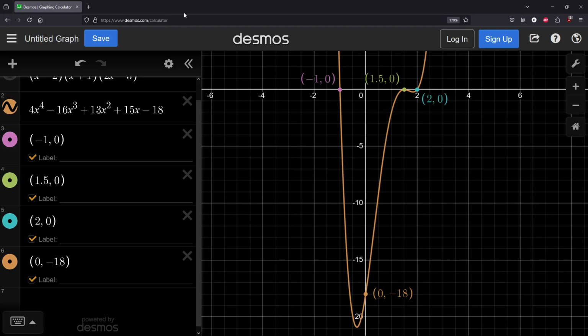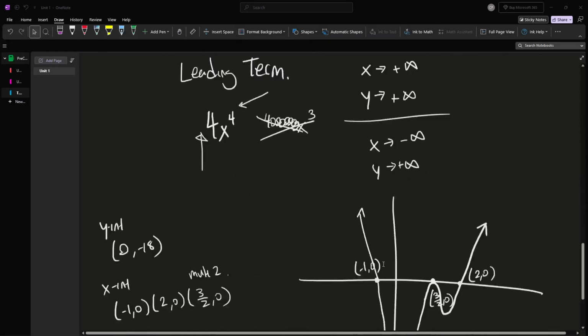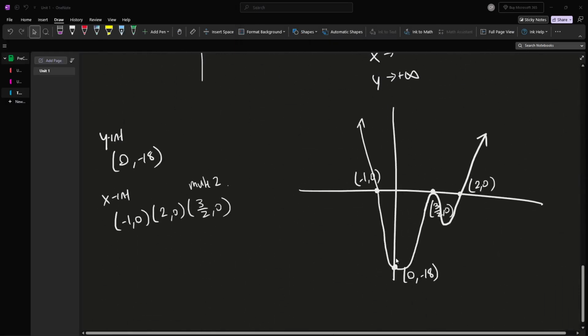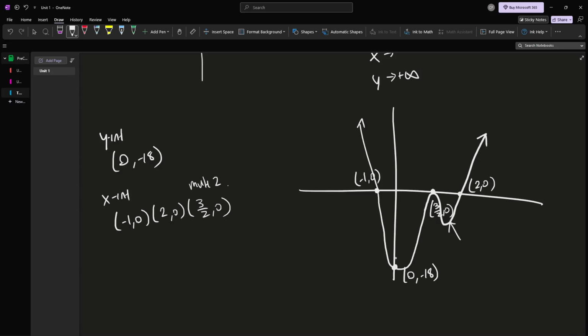One more thing you can do if you want to be doubly sure about your graphs is to check that you bounce at this point. You could pick a point in between, like 3/2 and 2. I could pick 1.75 and plug it into my function, and I should get a negative value.